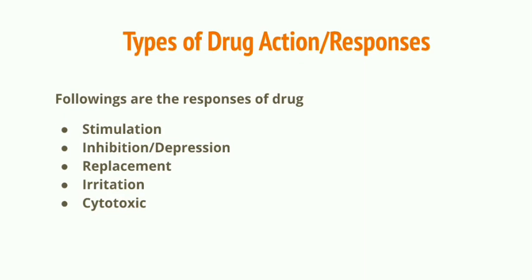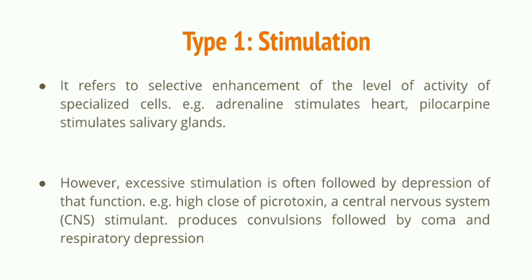The types of drug actions or responses are stimulation, inhibition, replacement, irritation, and cytotoxic. So, these are generally the types of drug action. Stimulation refers to selective enhancement of the level of activity of specialized cells.